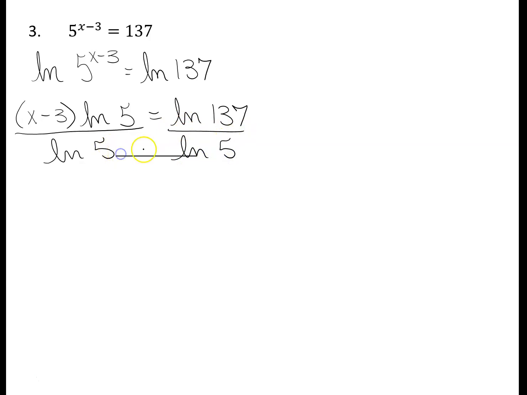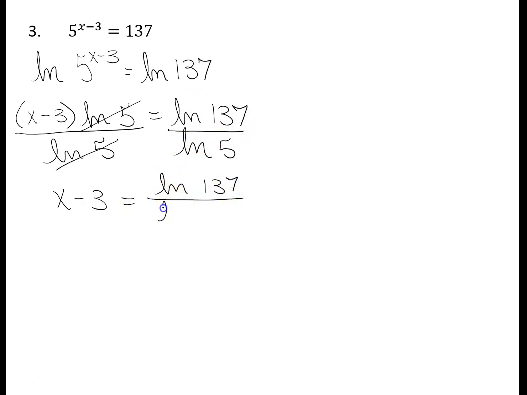And so then on the left side, if I divide these log 5s out, I would just have the x minus 3. And this right side is going to stay like it is. Kind of messy, but can't simplify that.